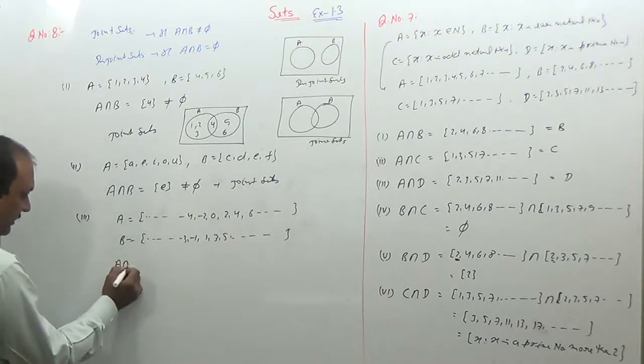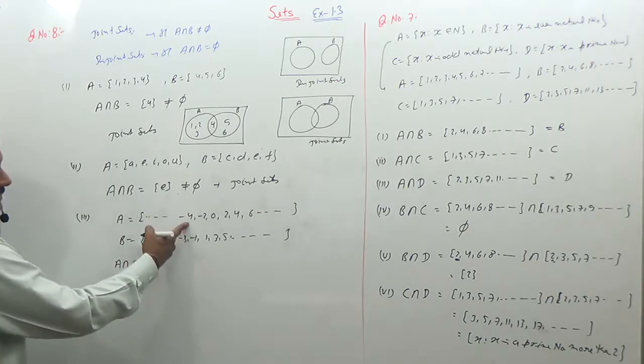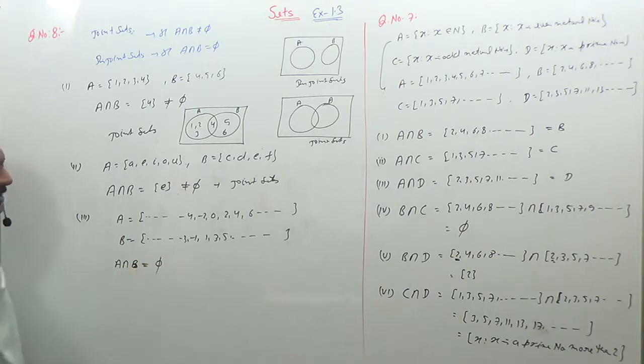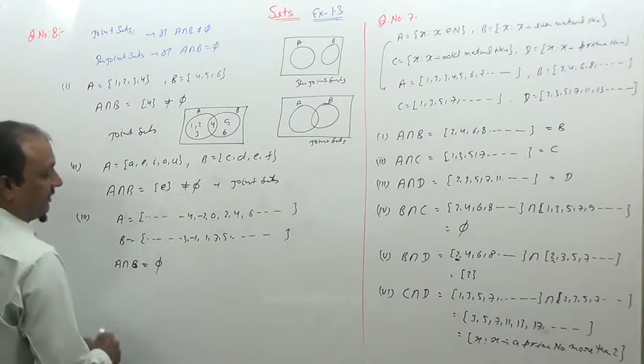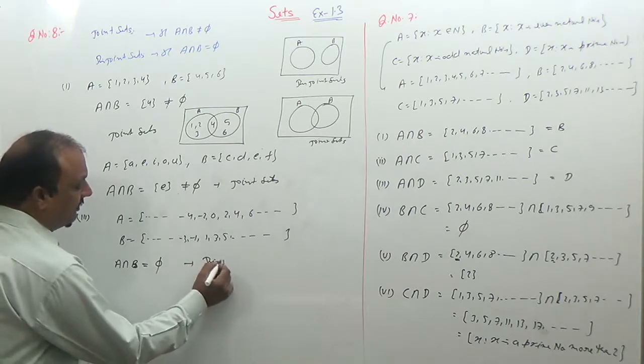When we take their intersection A intersection B, these are even integers and these are odd integers, so there is no common element between them. So this is phi. So these are called disjoint sets.